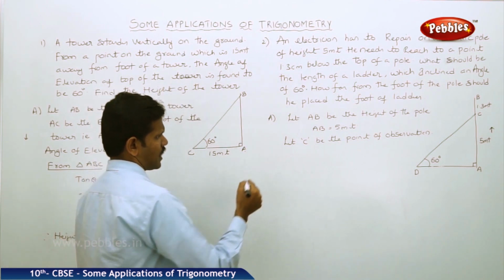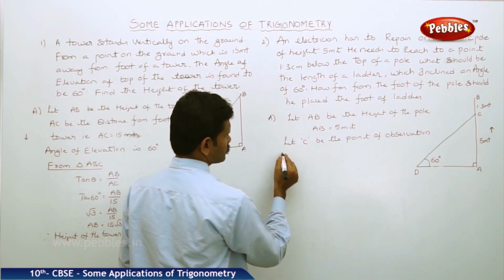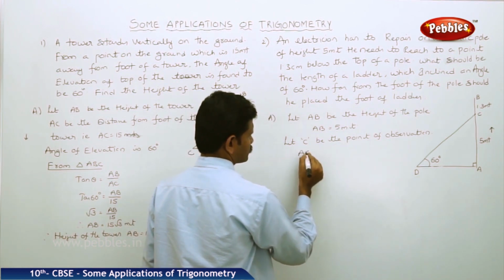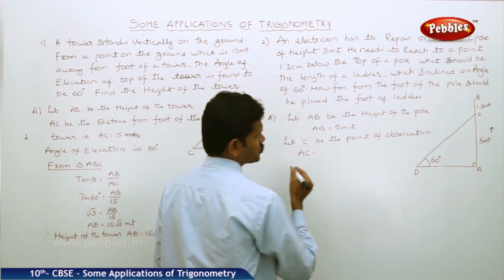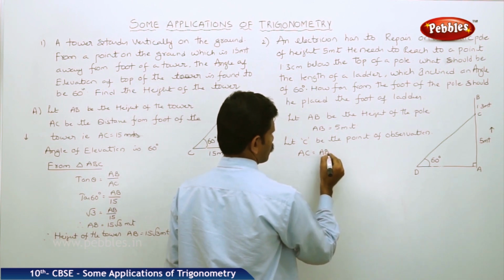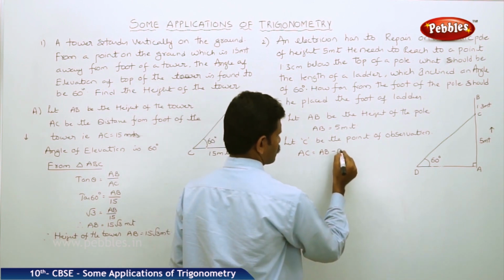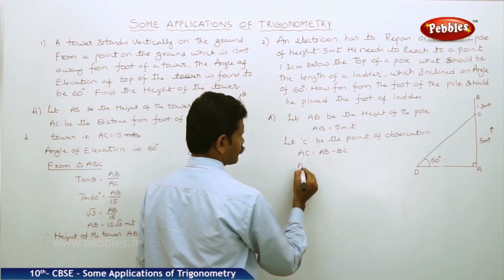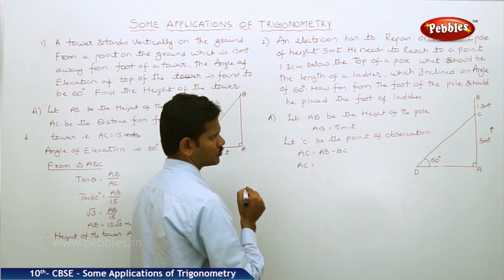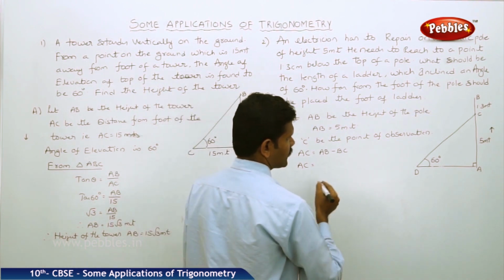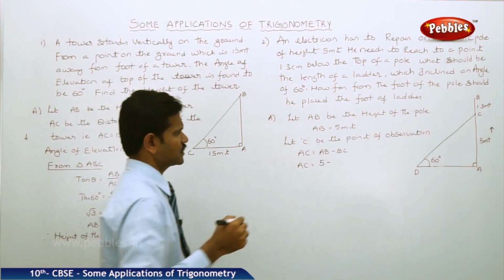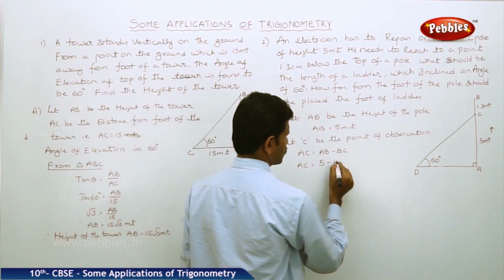Now we have to find out the value of AC. AC is equal to AB minus BC. That is, AC is equal to the value of AB, 5 meters, minus BC, 1.3 meters.